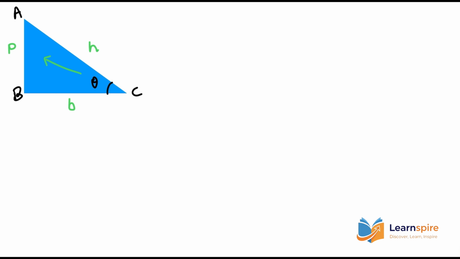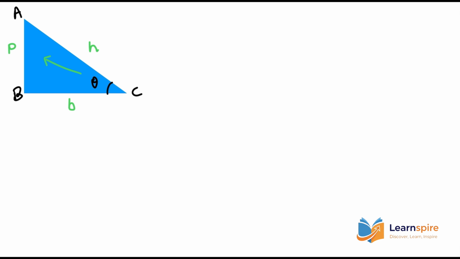So before we prove the identities, let's first write all the possible trigonometric ratios in a right angled triangle. There can be only six possible ratios in a right angled triangle.